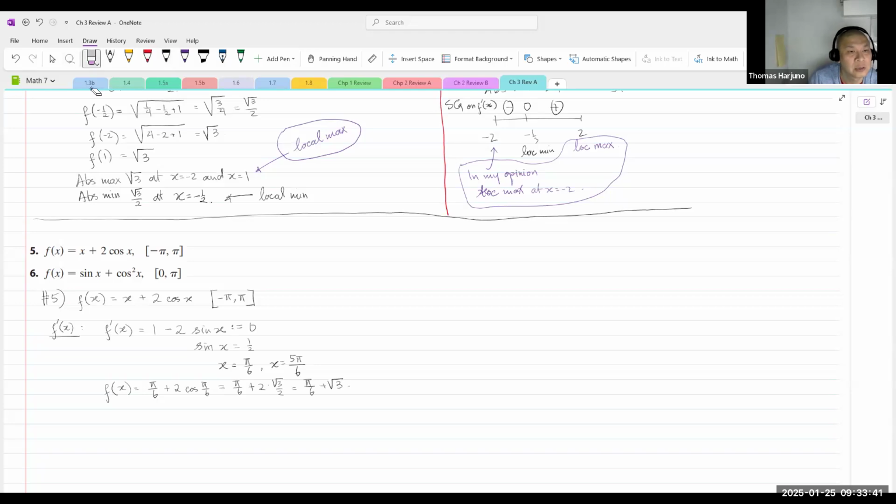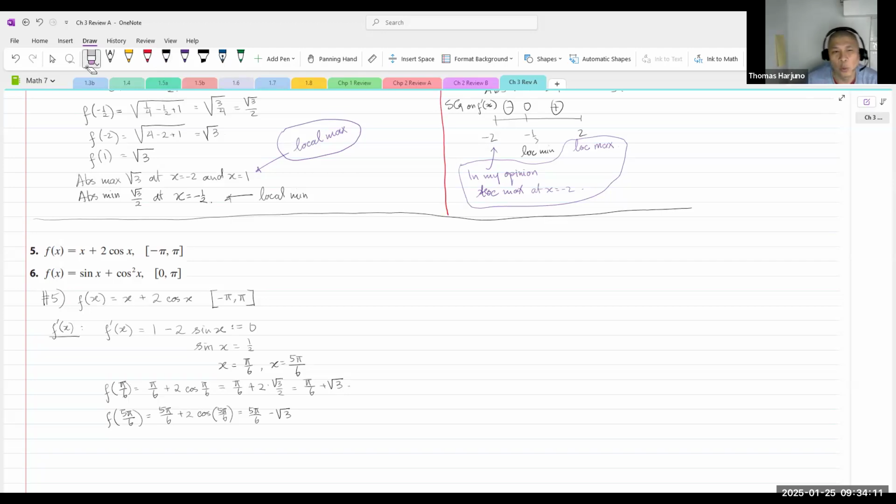At 5 pi over 6 it is 5 pi over 6 plus 2 cosine 5 pi over 6. Cosine is negative in the second quadrant, so this is 5 pi over 6 minus radical 3.